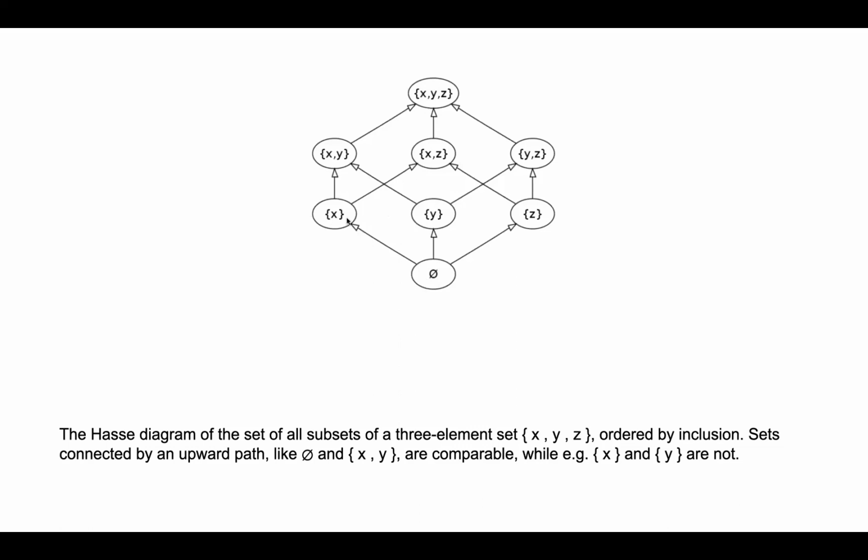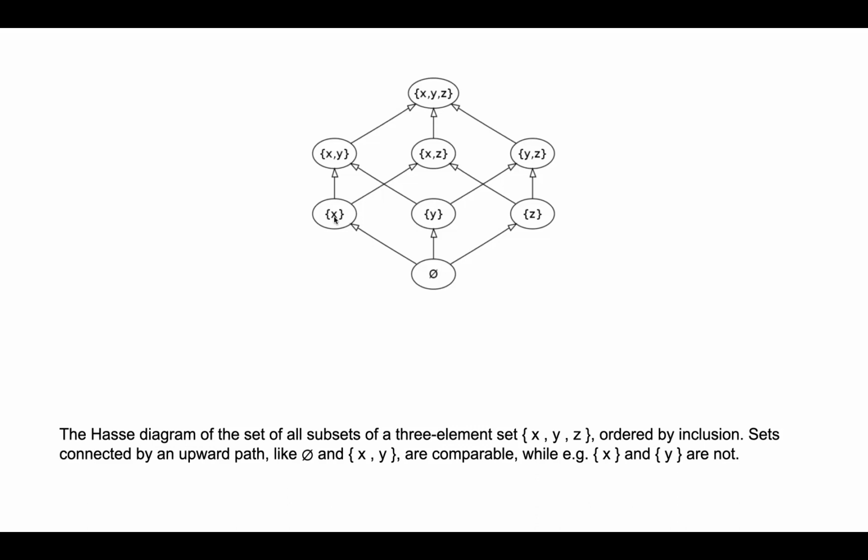Why? Because there are no edges between X and Y. Edges are there from phi to X, phi to Y, and then X and Y combine to XY. So we can say that phi is comparable to XY, but singleton X and singleton Y are not comparable with each other.